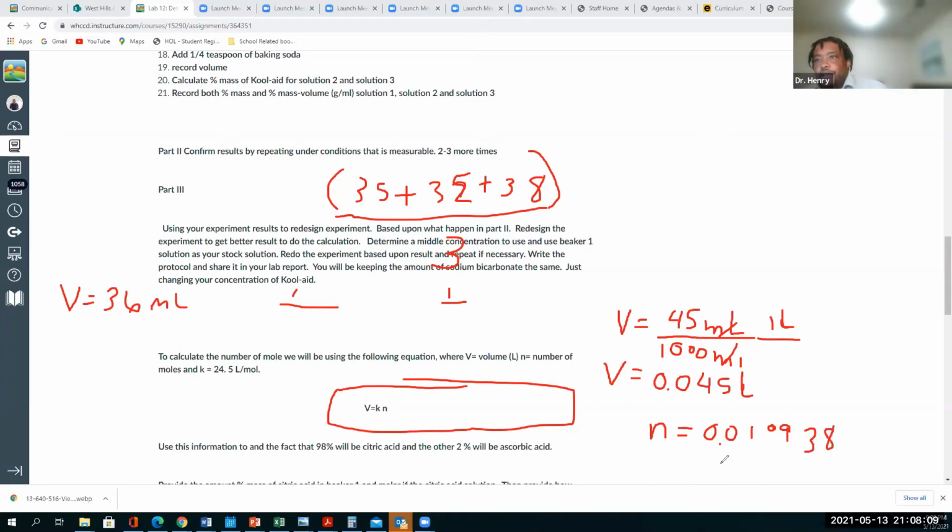For kicks and giggles, and to make our life a little bit easier, we're going to make it 3 sig figs. So then you have 0.01909. Okay, so that's the number of moles. That should be about, let's see, if I did mine.